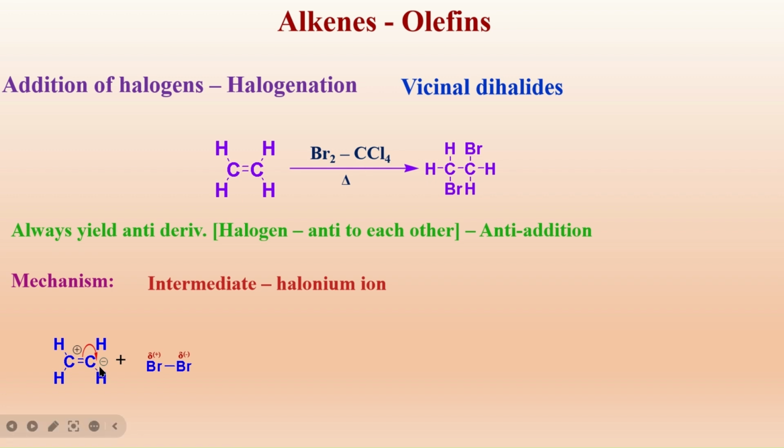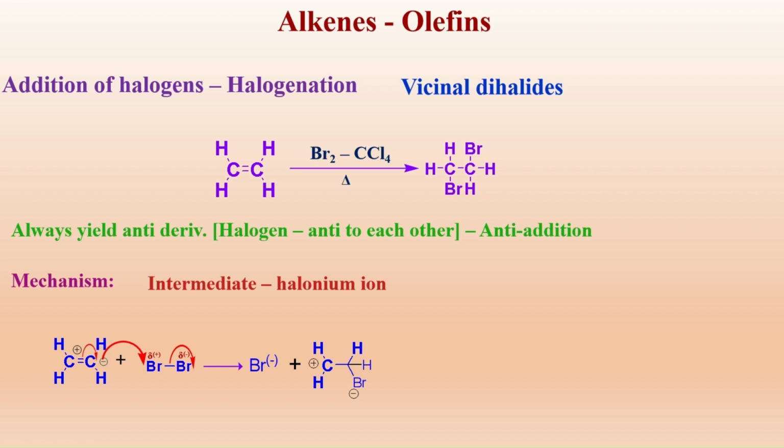Because of the electron richness of this carbon, its electrons are shared with the electron deficient bromine, and to maintain its valency, a bromide ion gets removed and we get Br minus.